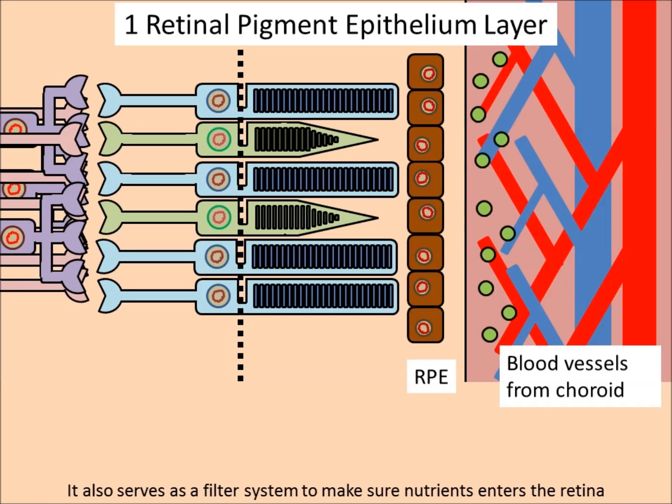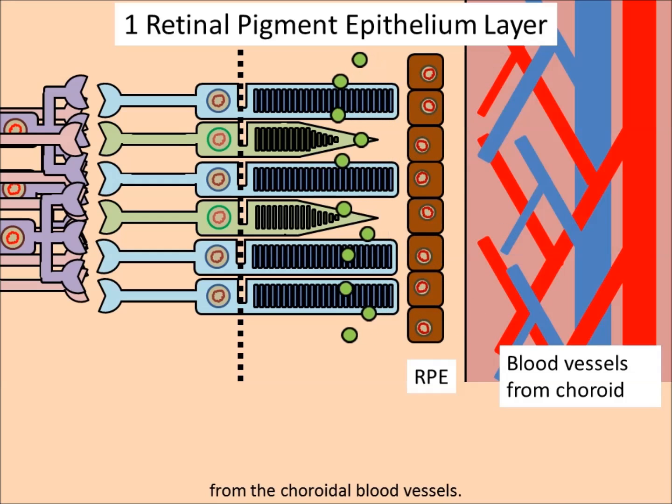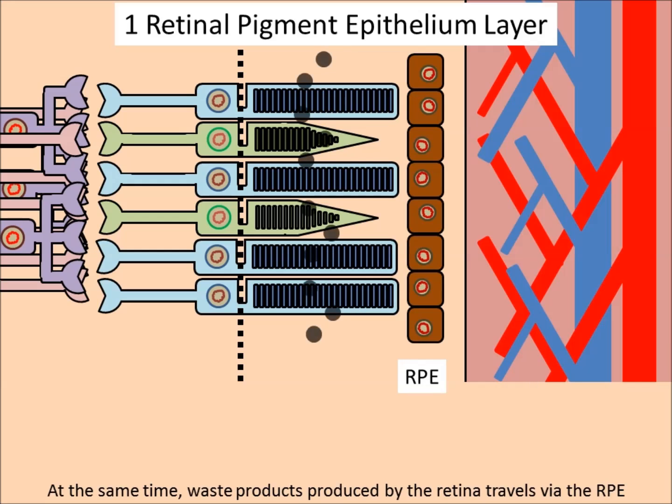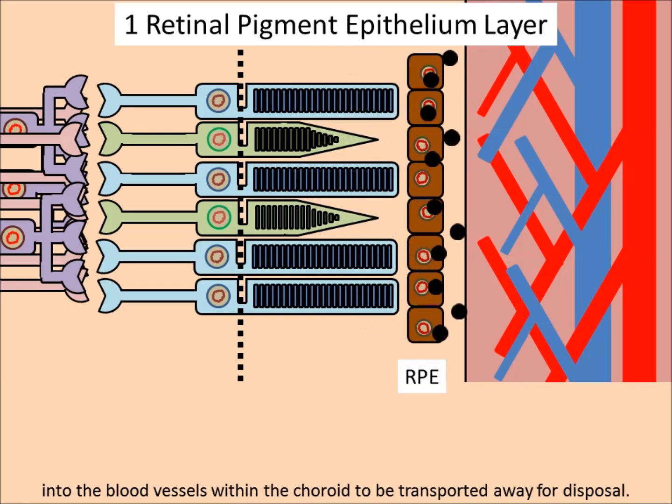It also serves as a filter system to make sure nutrients enter the retina from the choroidal blood vessels. At the same time, waste products produced by the retina travel via the RPE into the blood vessels within the choroid to be transported away for disposal.